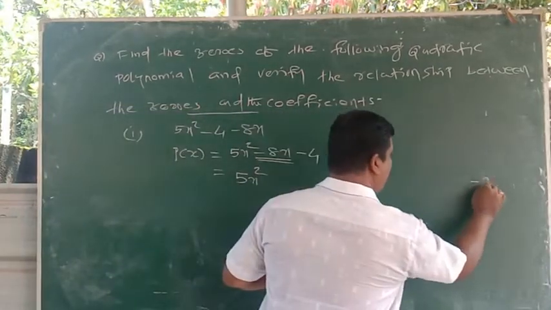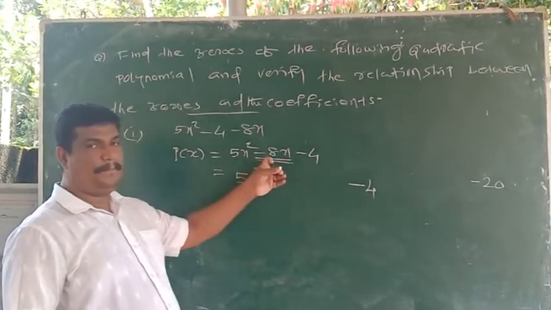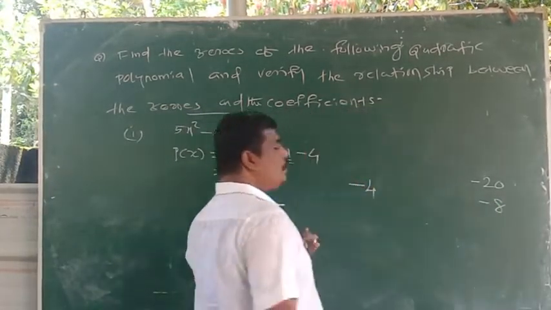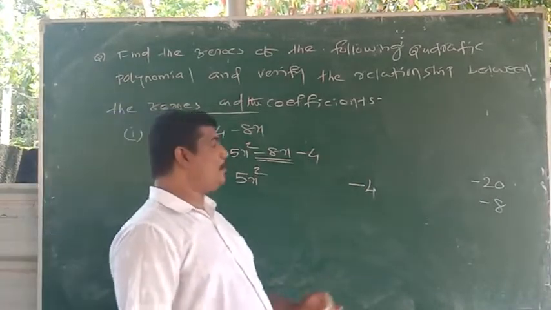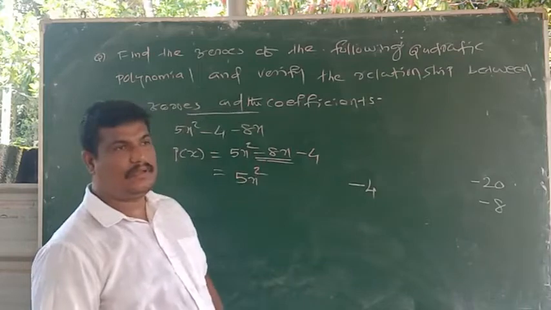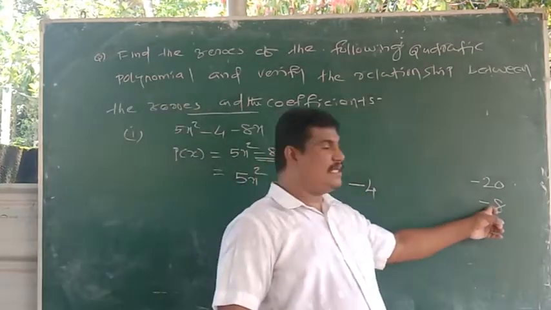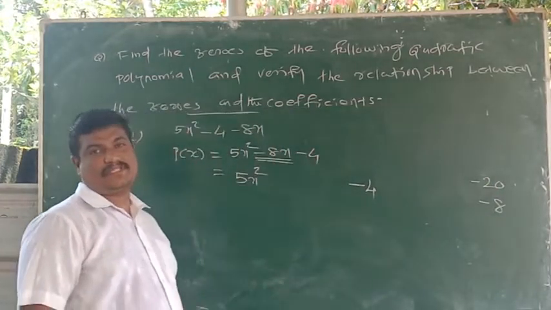Then the sum is minus 8. So the sum of two numbers is minus 8 and the product is minus 20. What are the numbers?